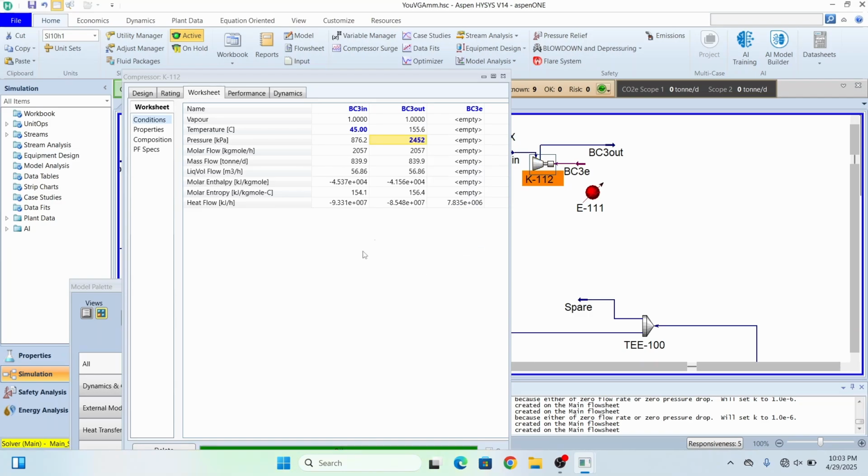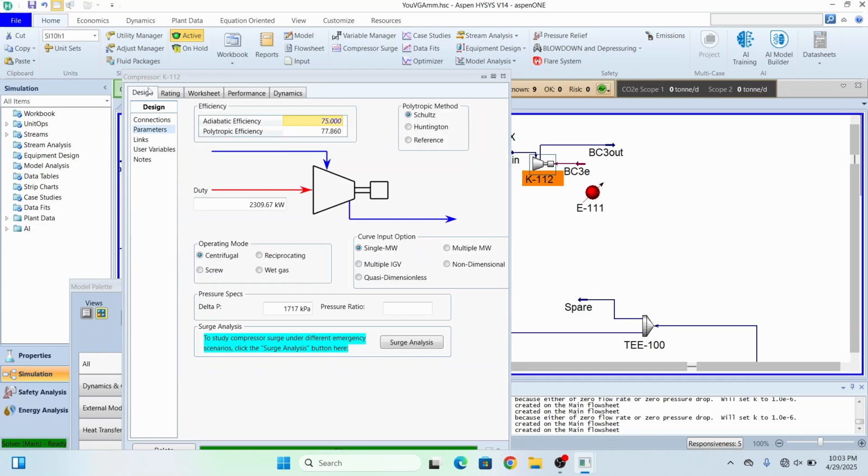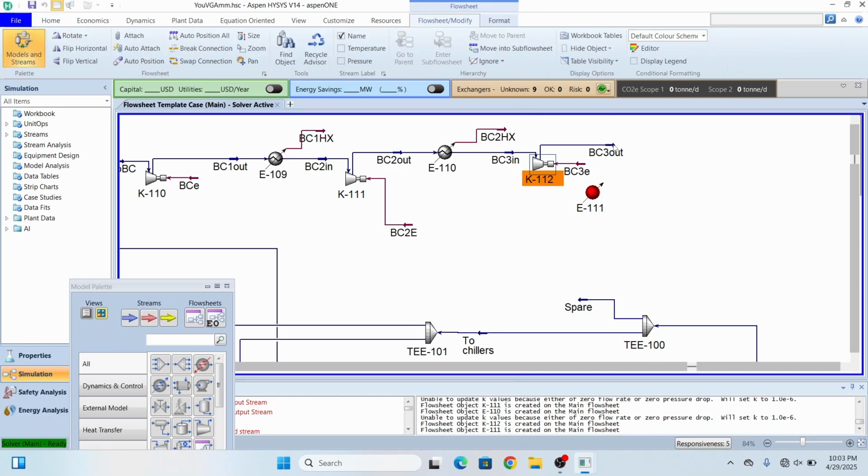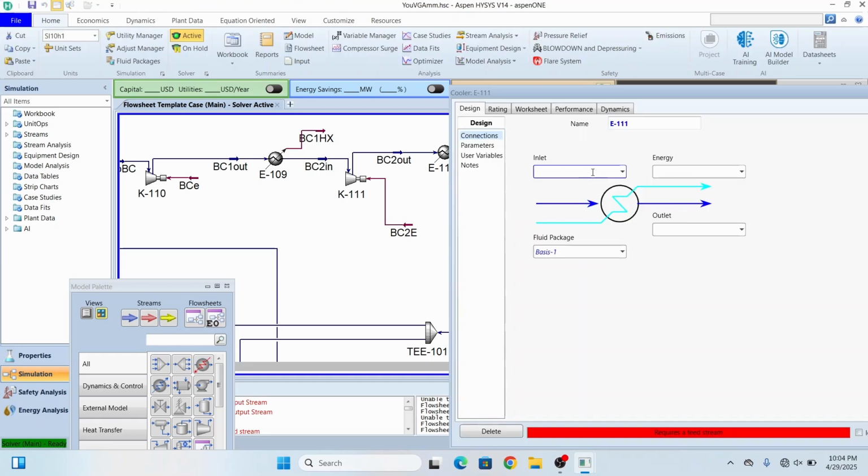That is good. Now again I can go to my design parameters, and in the last compressor the compression ratio will be 2.79. I have just done some back calculation. Now this heat exchanger or cooler will act as my condenser.